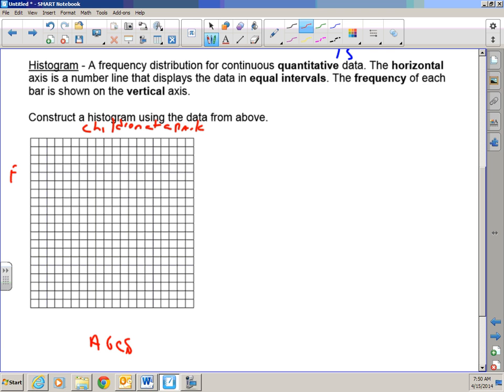The left side is always frequency. You could start right up against the left side, or you can space it out. That's up to you. I've seen both. Since we only go from 2 to 7, we can count by ones.